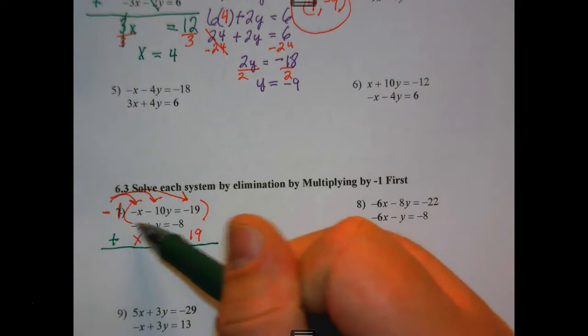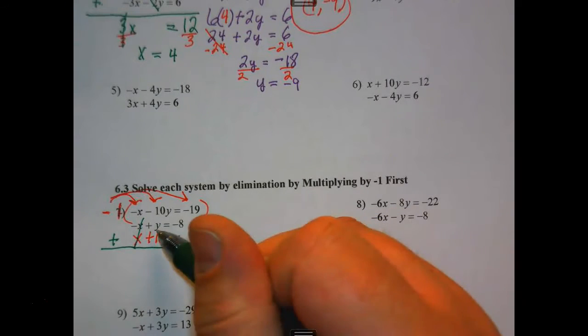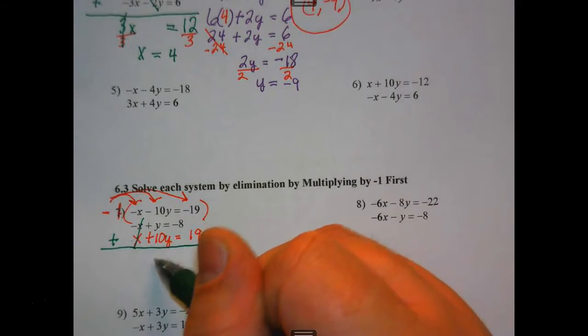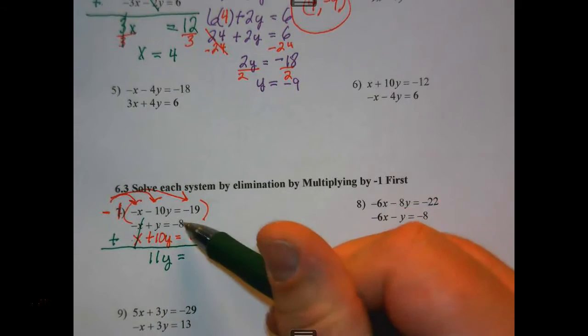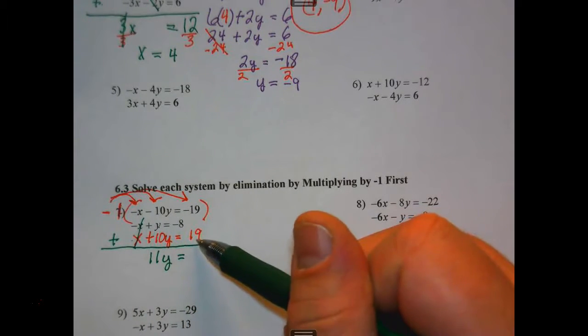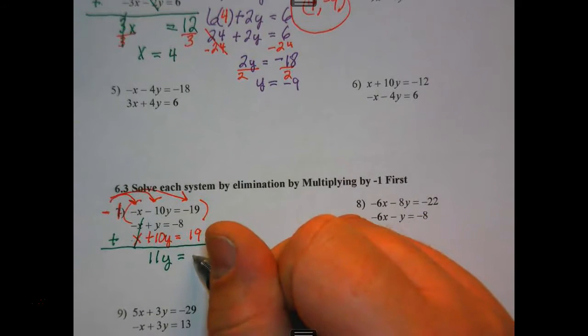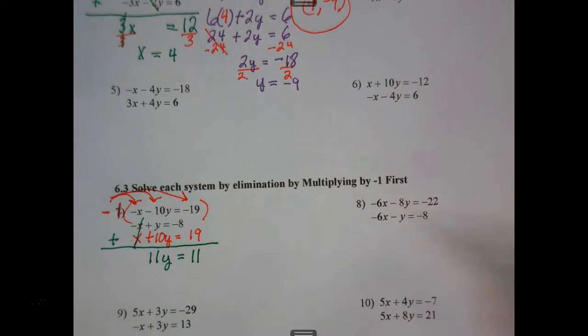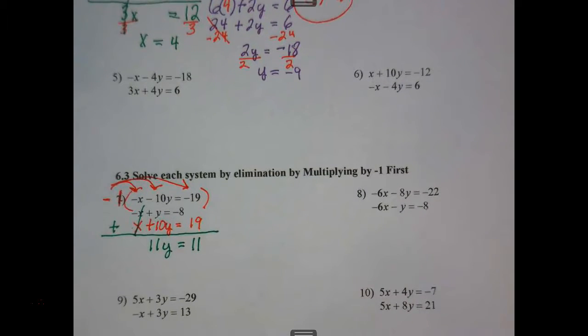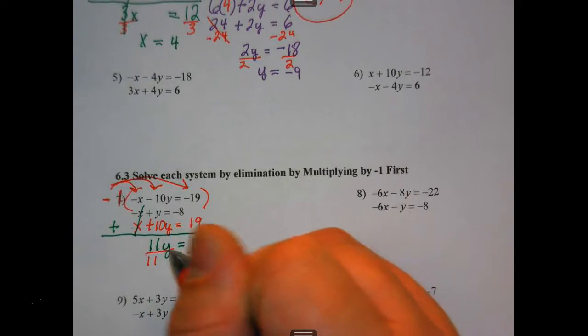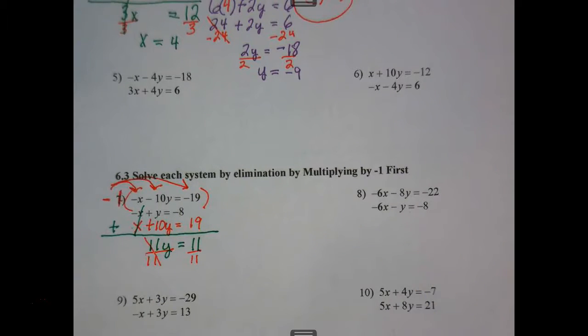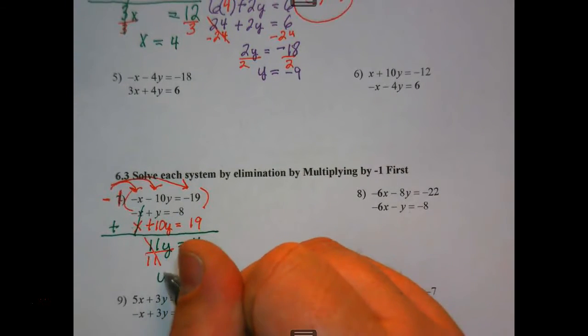Negative x plus x, these get eliminated. 1y plus 10y is 11y. Negative 8 plus 19 is 11. Divide both sides by 11, and y equals 1.